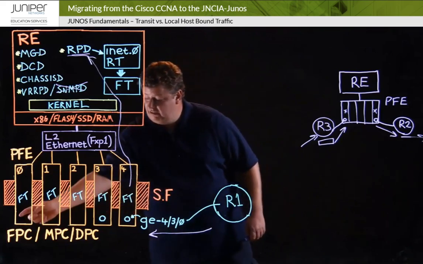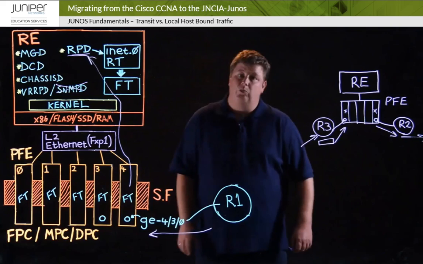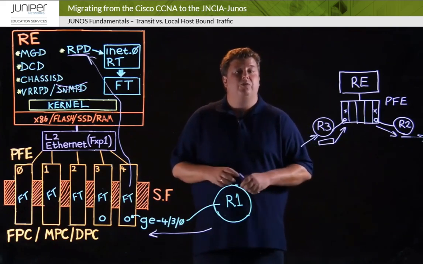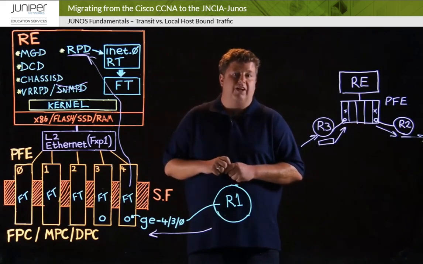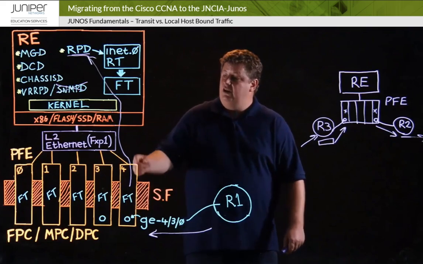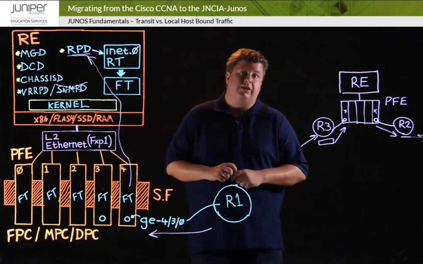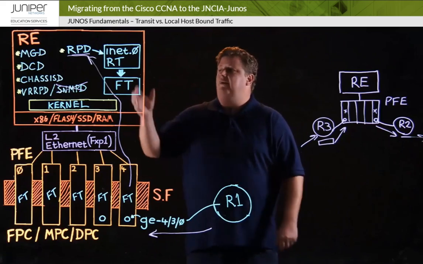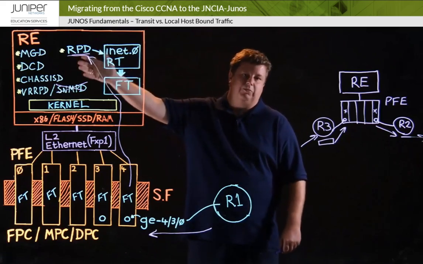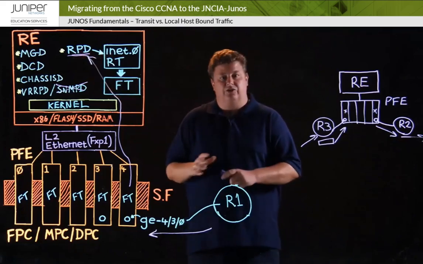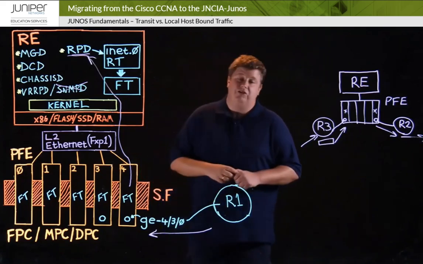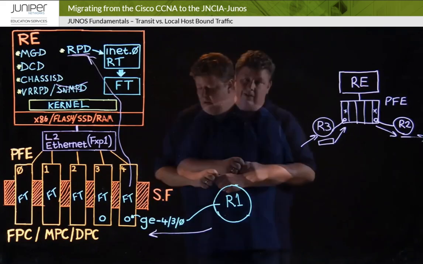It could be an IP address configured on a different line card somewhere. As long as the forwarding table lookup determines that's a locally owned IP address for this router, our Juniper device, then again it knows, I should throw this traffic up to the routing engine for processing. And then it's SSHD or our Telnet daemon or whatever that's handling the login to the box and the CLI session, username, password, permissions, and so on for that user.